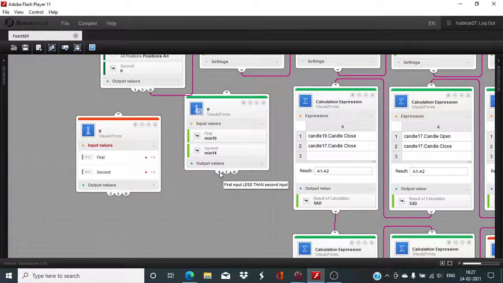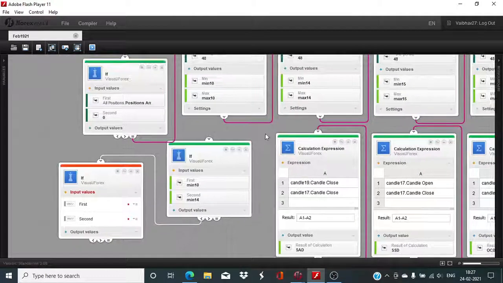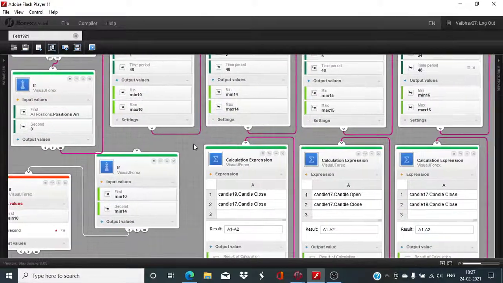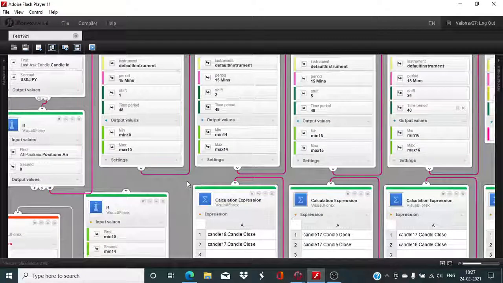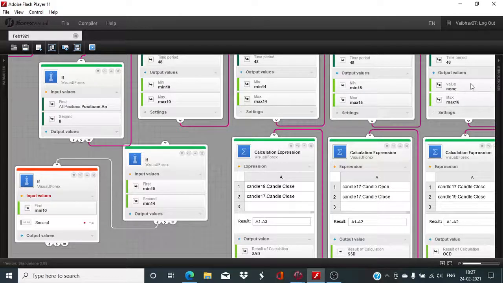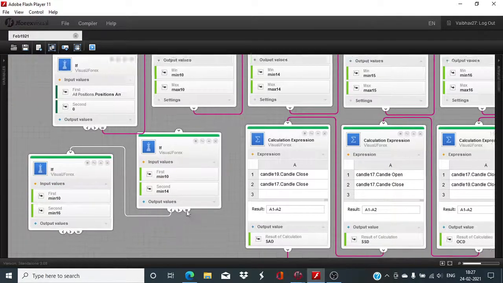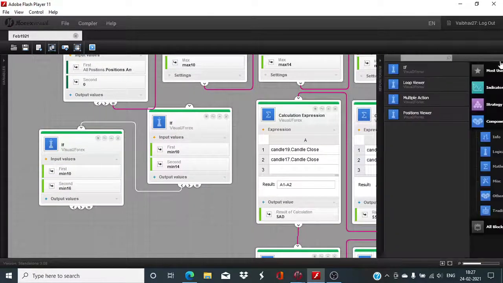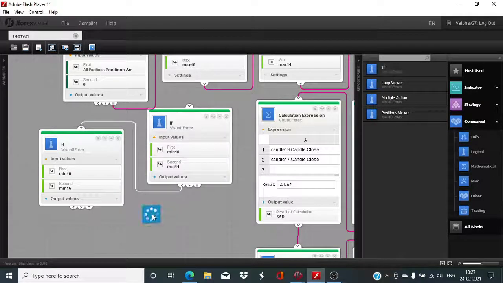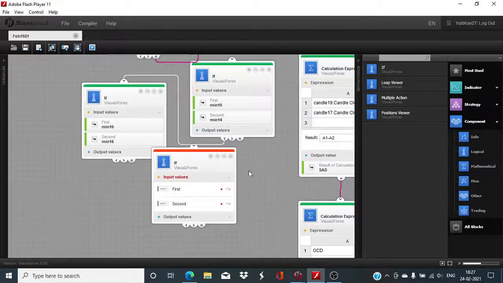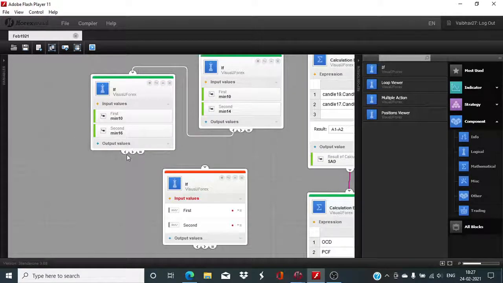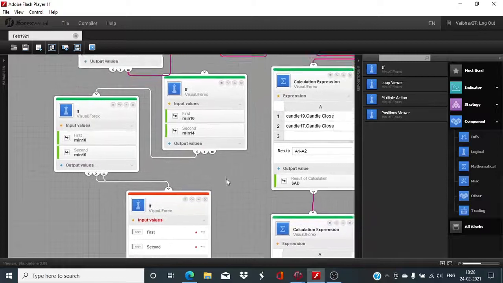So it should be first input less than second input, but minimum 10 needs to be greater than minimum 16, greater than or equals to.